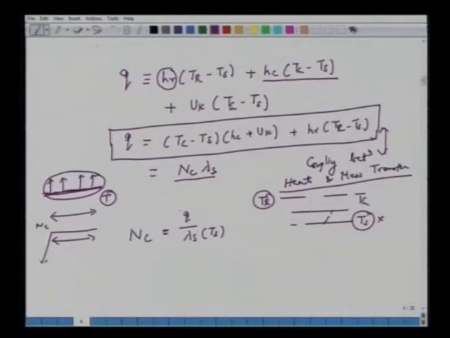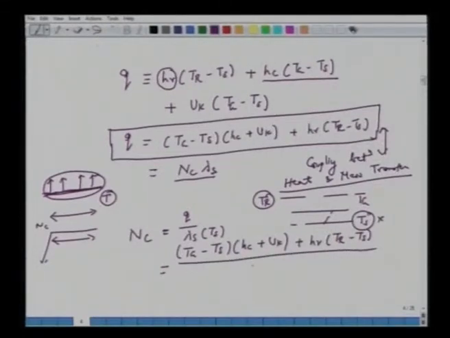Latent heat of vaporization does depend upon Ts, but if Ts doesn't vary much, say by a few degrees, somebody can make an estimate and do these calculations. So Nc equals Q by lambda s, and Q we have written down: Tg minus Ts times Hc plus Uk, plus Hr times Tr minus Ts, over this lambda s.